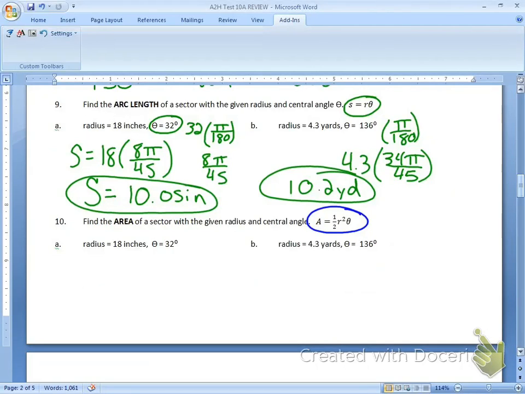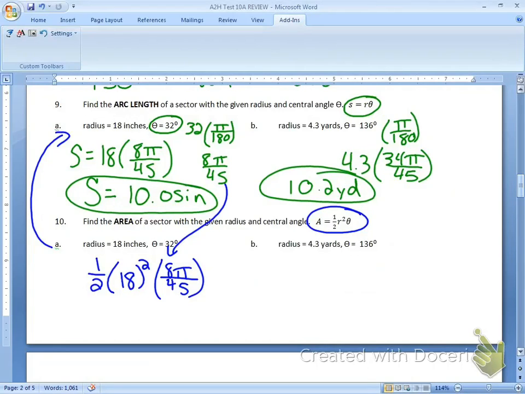I use the same exact dimensions that we did up here in A, so I've already converted it here. So we have 1/2 times the radius, which is 18 squared, times our theta version, which was 8 pi over 45. You multiply all that together, and you end up with 90.43 inches squared.